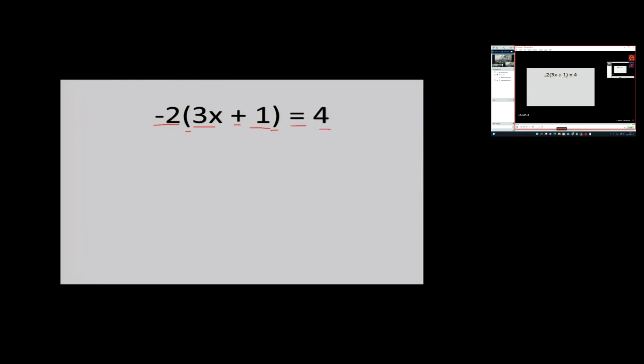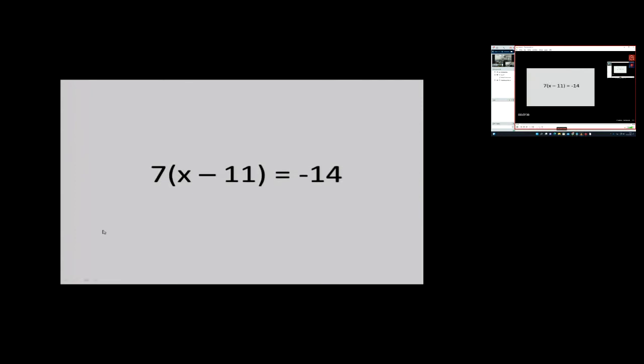Again, that is negative 2 times the quantity of 3x plus 1 is equal to 4.